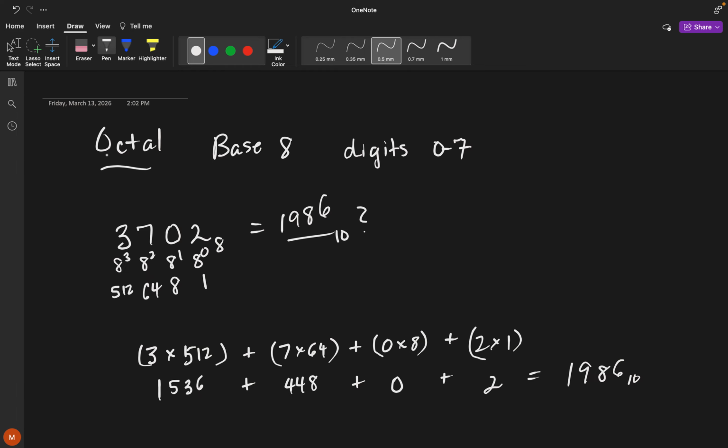And now for the last thing I want to show you. There are some tricks for how to convert between binary and octal, and also between binary and hexadecimal. As I said, octal and hexadecimal are both systems that are used to talk about values in computer science.